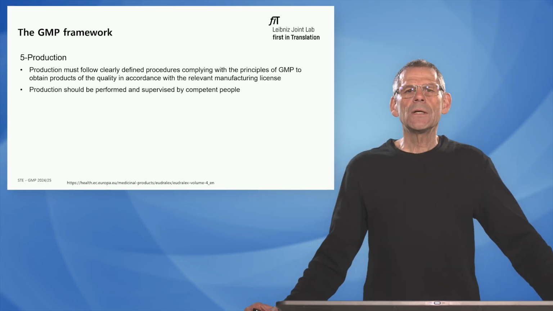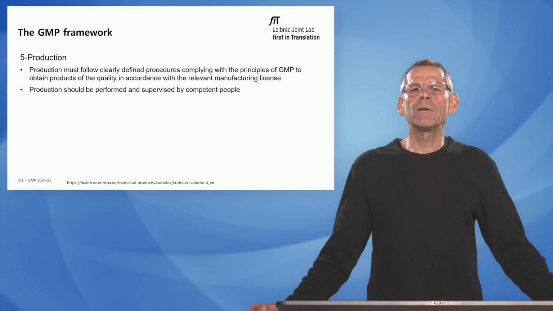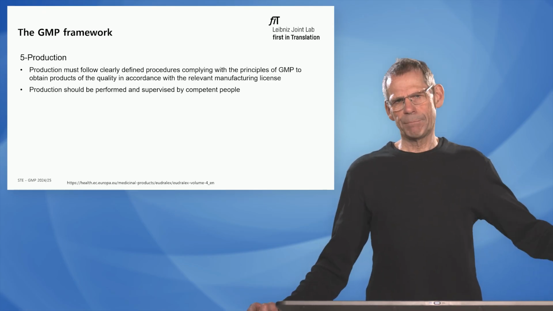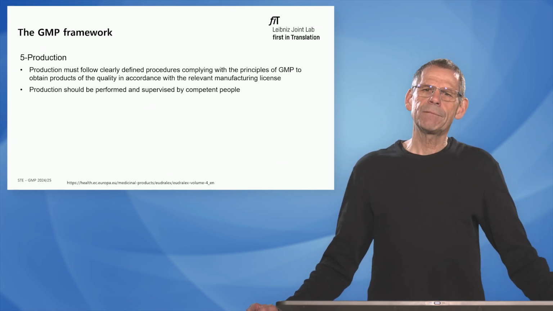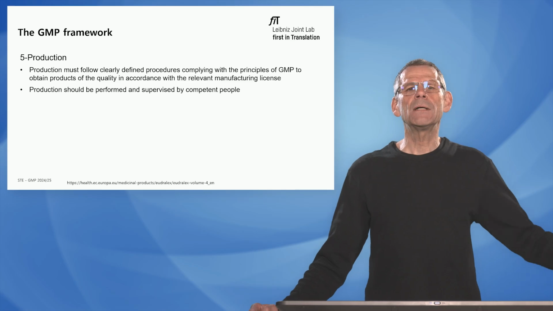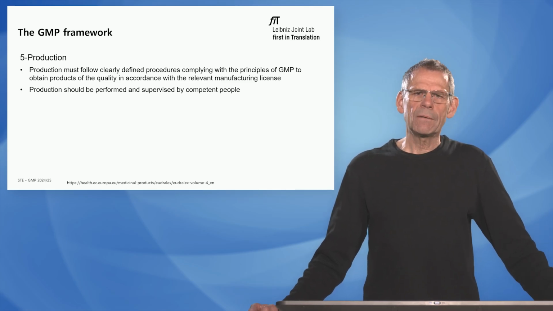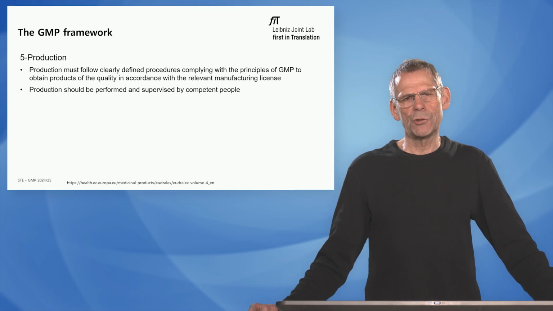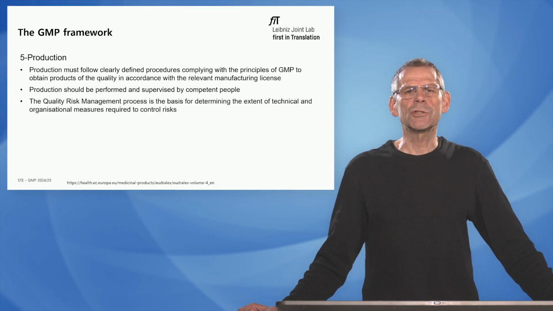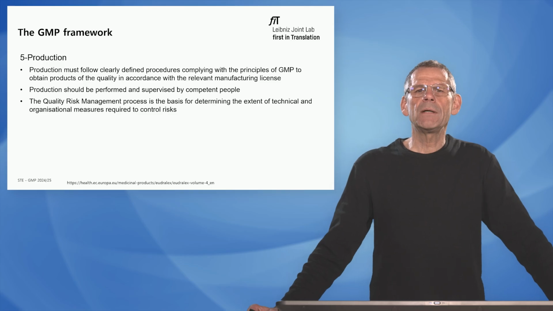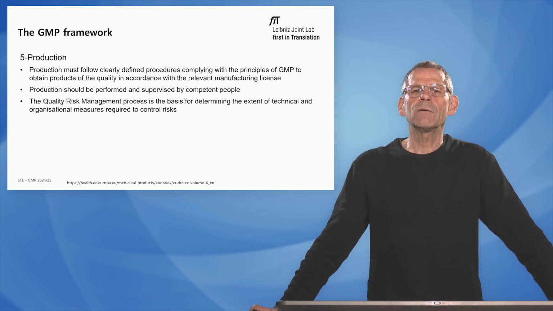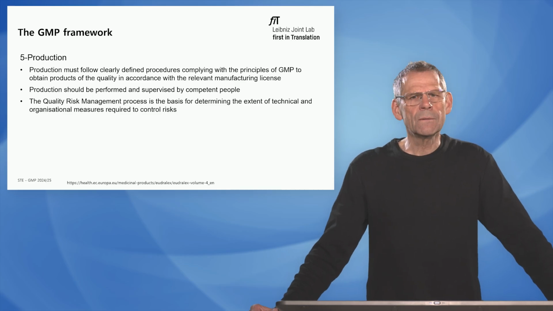Then the production should be performed and supervised by competent people, which means that I do not leave people alone just doing it unless I have some kind of surveillance that they work according to the GMP and the manufacturing instructions. Quality risk management processes is the basis to determine the extent of technical and organizational measures required to control the risk.